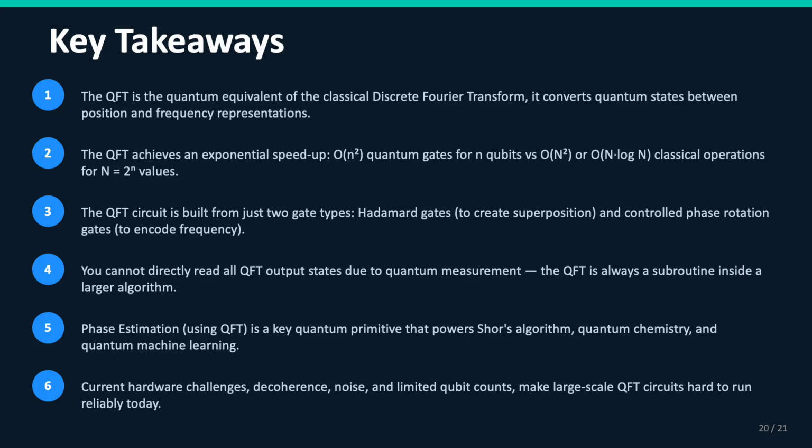The QFT is always a subroutine, never a standalone algorithm, because quantum measurement prevents us from reading all the output at once. Its most important applications are quantum phase estimation, which finds the phase angles of quantum operations, and Shor's algorithm for factoring large numbers.